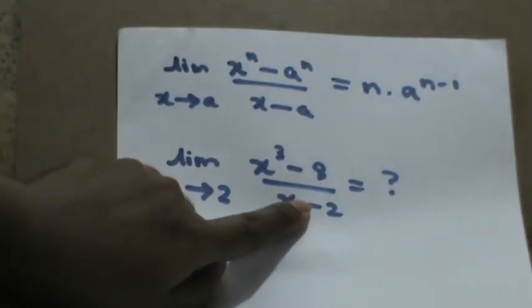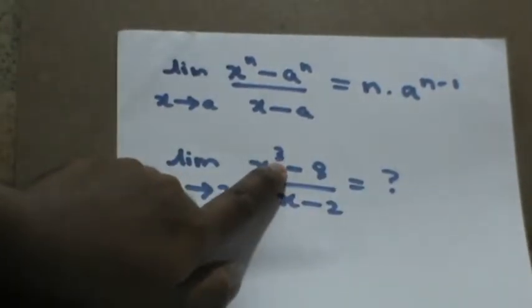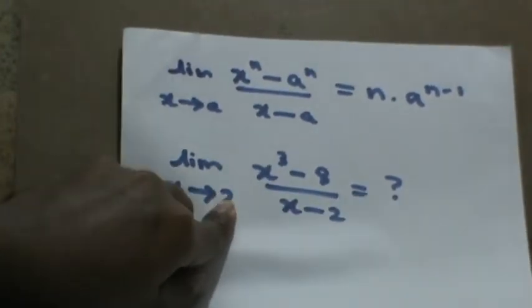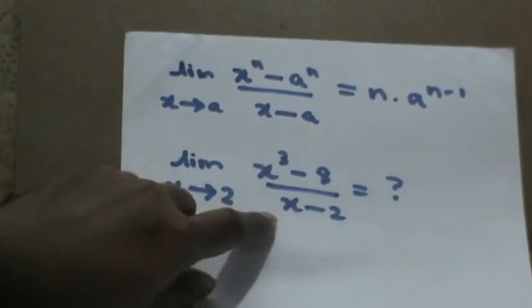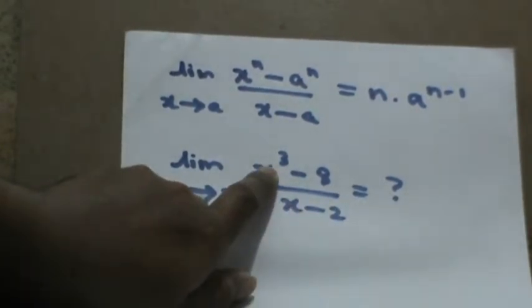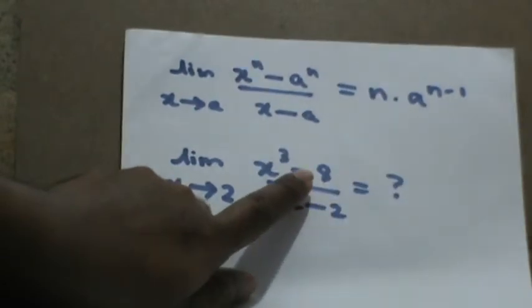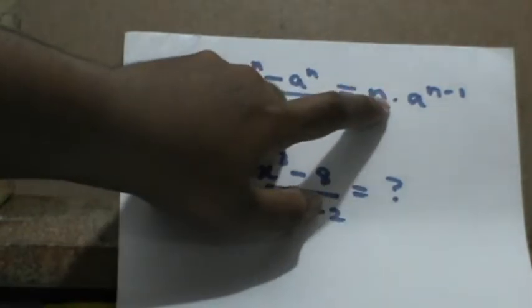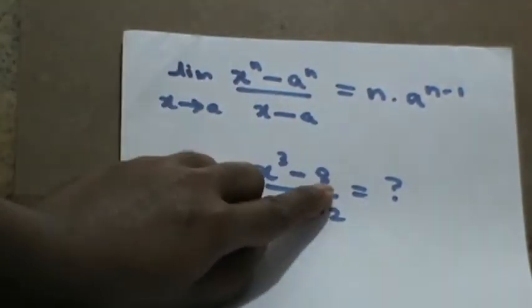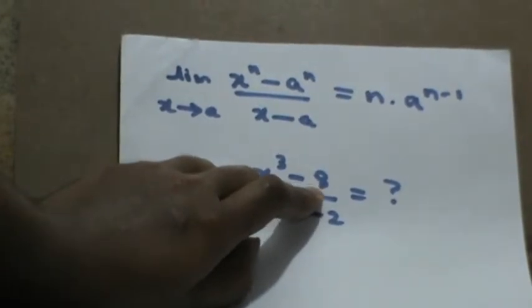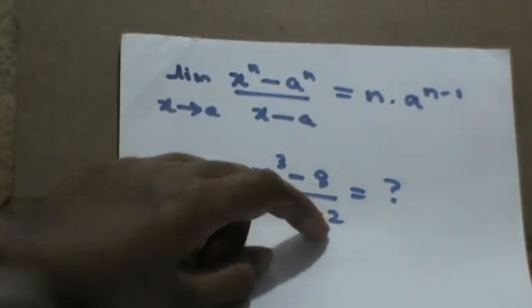Here's the minus component, here's the minus component, that's also okay. Here is 2, and the right side of the arrow should also be 2, so that's correct. When x is raised to power 3, 2 should also be raised to a power of 3, because these two powers should be equal in order to apply this theorem. So we can write 8 as 2 to the power 3. That's the first step of solving this.